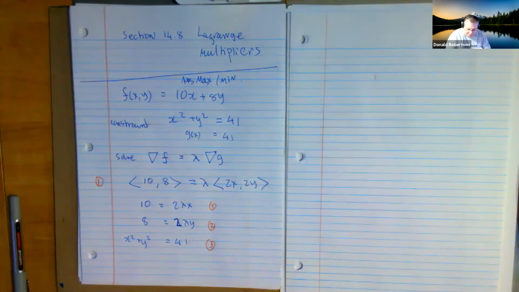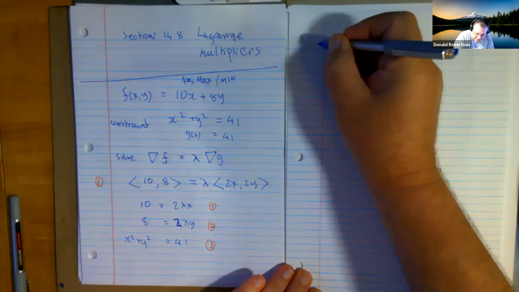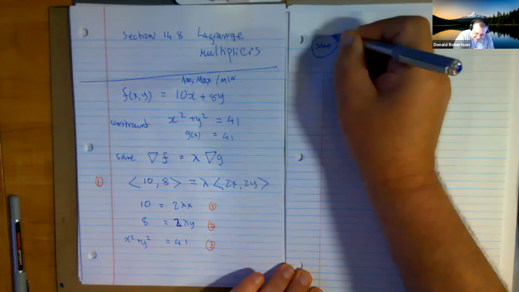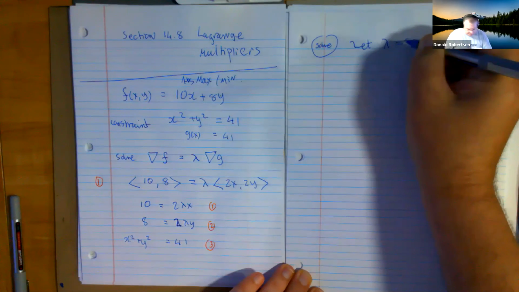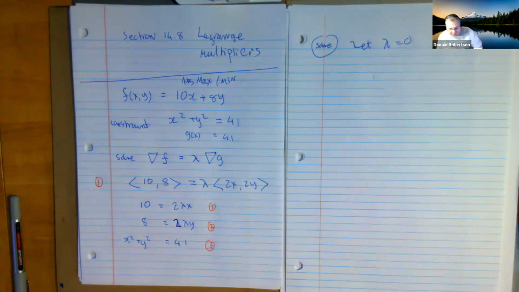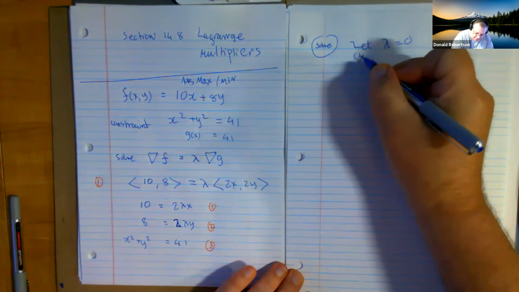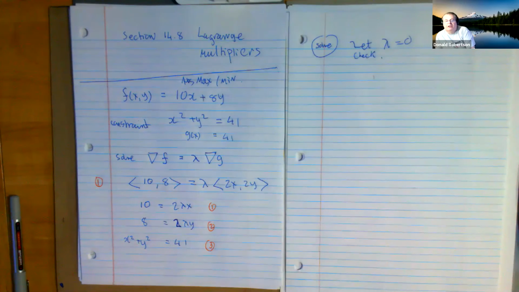Right. Now, how do you solve it? The first one is let lambda equal 0. Now, you check, I guess is a better word, you check for lambda equals 0. 99 times out of 100, lambda equals 0 won't work and it doesn't generate a solution.